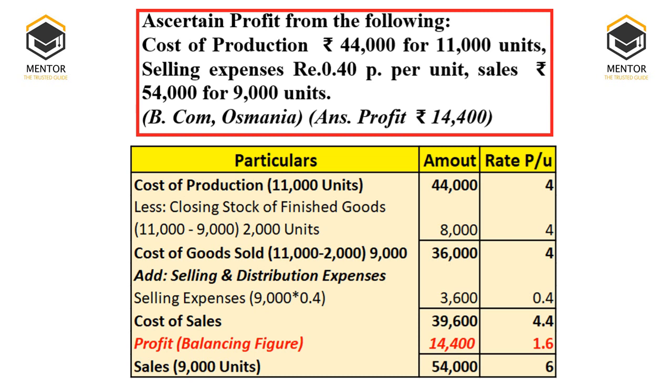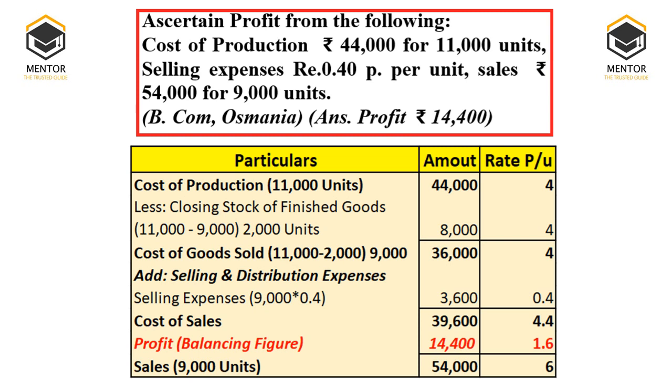To this we are adding selling and distribution expenses, that is 9,000 units which we are selling off into 0.4, that is 3,600. When you make the summation, this comes to cost of sales 39,600. And the sales we have been given is 54,000, that is 6 rupees per unit, which is 54,000 divided by 9,000 units.